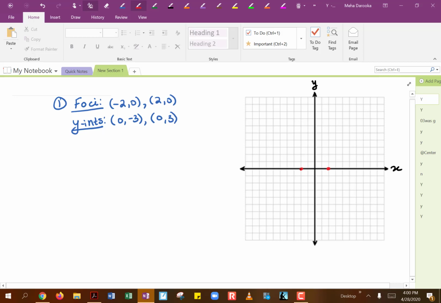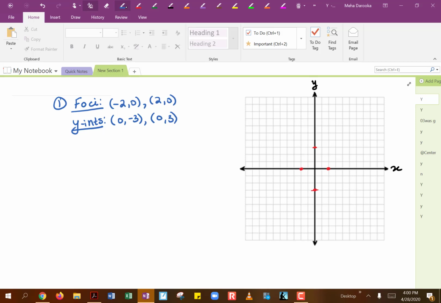Our y-intercepts are at (0, negative 3) and (0, positive 3). So we do have the y-intercepts, but to draw our ellipse, we're going to need the x-intercepts, and then of course they're asking us to find the equation of the ellipse as well, right?